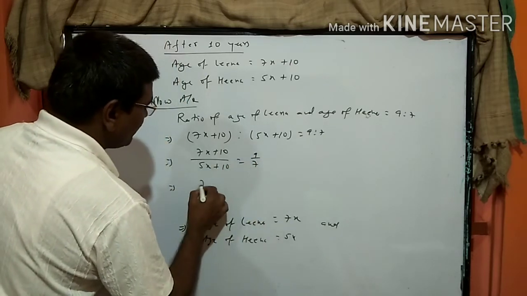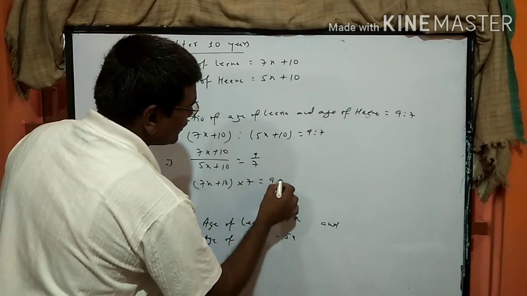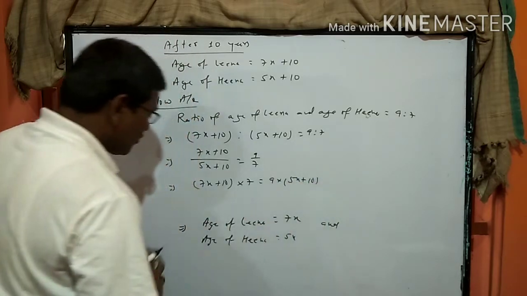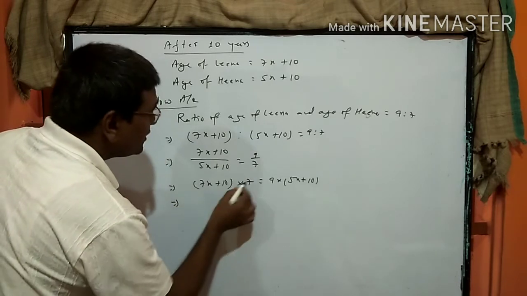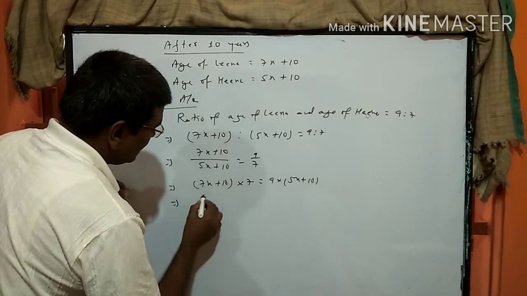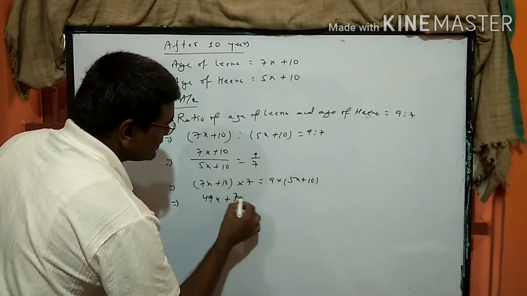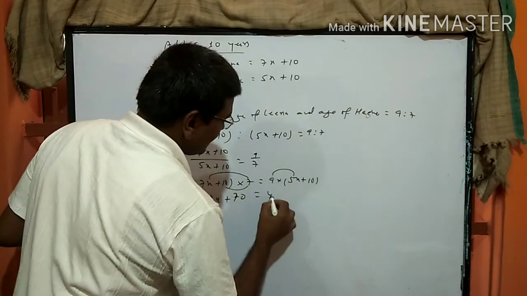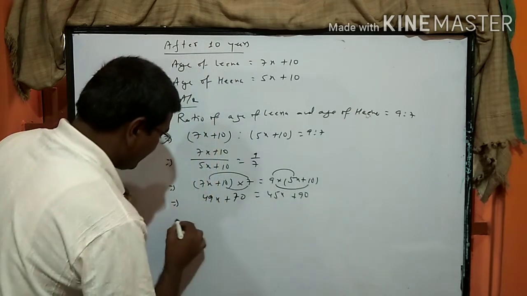Now cross multiply: 7x plus 10 into 7, 9 into 5x plus 10. After cross multiplication, it will be 7 sevens 49x plus 7 tens 70, 9 fives 45x plus 9 tens 90.